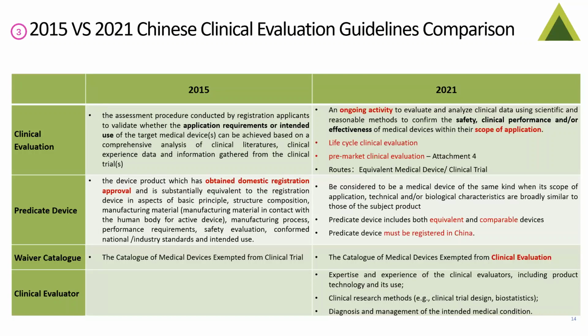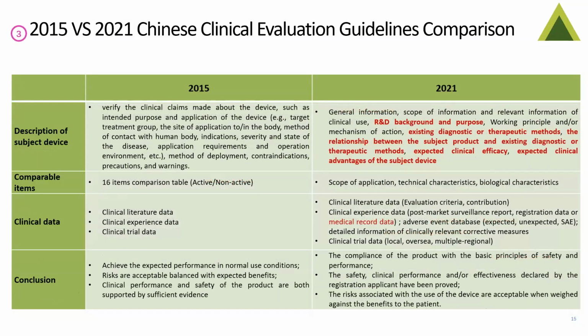The next page compares the structure of the clinical evaluation report. Previously, we just had around 4 or 5 sections, but now we need more detailed emphasis on the research and development background, and also the state of the art of the disease related to the subject device.